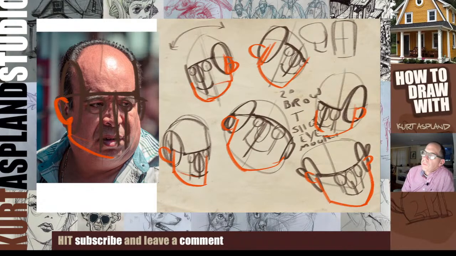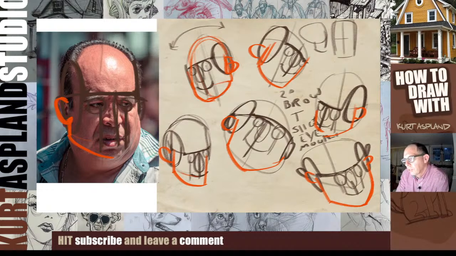So if you're new to drawing the face, this process is what I would recommend that you try over and over and over again, and not even worry about trying to get it to look like the person, okay?